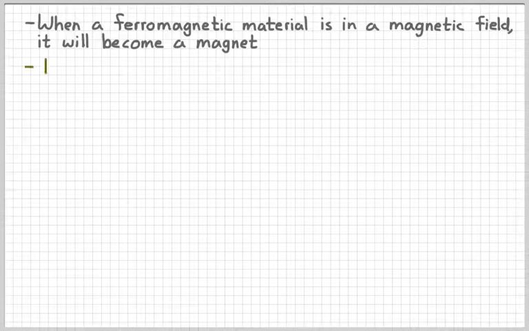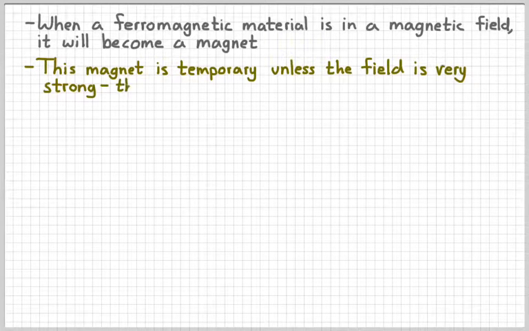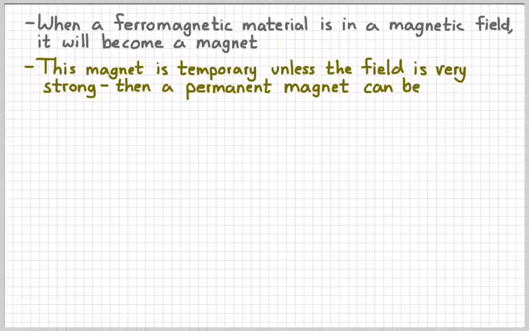Now, for the most part, this effect is going to be temporary. So as soon as you turn off the magnetic field or remove the iron from it, it'll go away, unless the field is very strong. So if you have a very strong field, and that's again a relative term, then you can make a permanent magnet from your ferromagnetic material. And so that's how magnets are created.